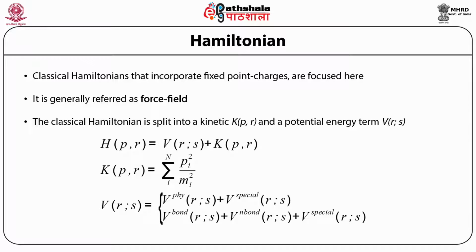However, the potential energy is defined by actual physicochemical parameters, meaning internal parameters like bond length, bond angle, etc., plus the non-bonded terms like electrostatic, van der Waals, etc. Plus, there can be additional terms which we would like to add. Hamiltonians are built like that.